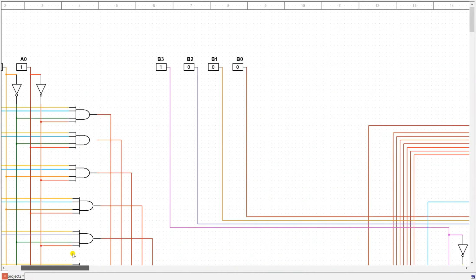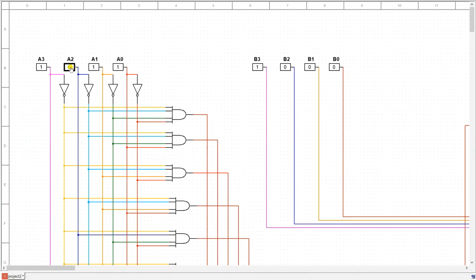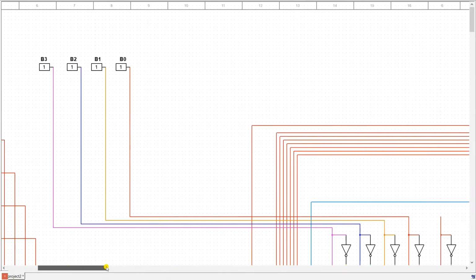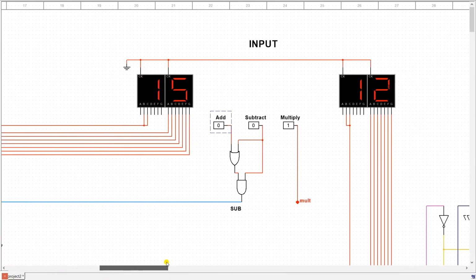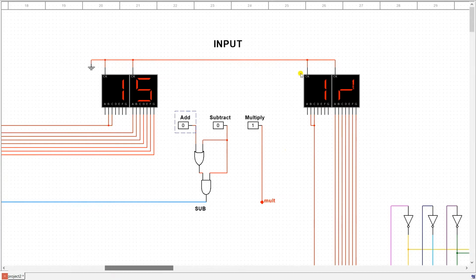For the next numbers, you should test the max numbers, which are 1111 and 1111, which decode to 15 and 15.